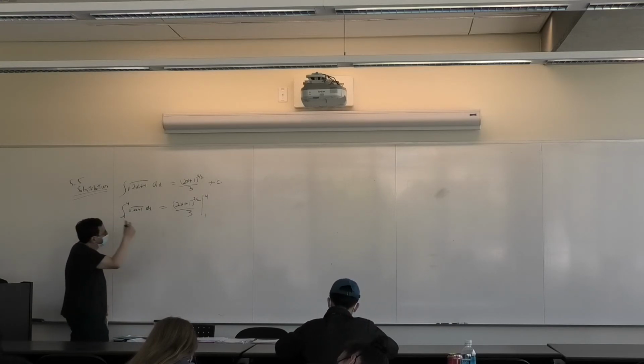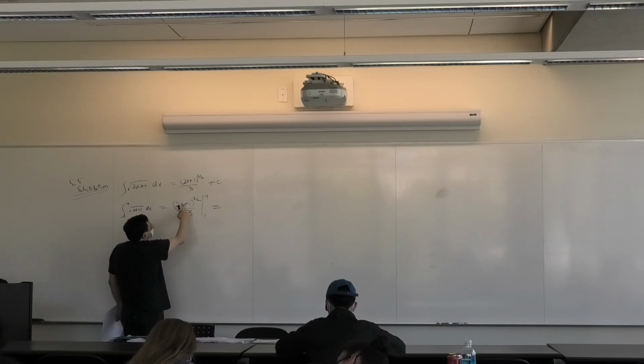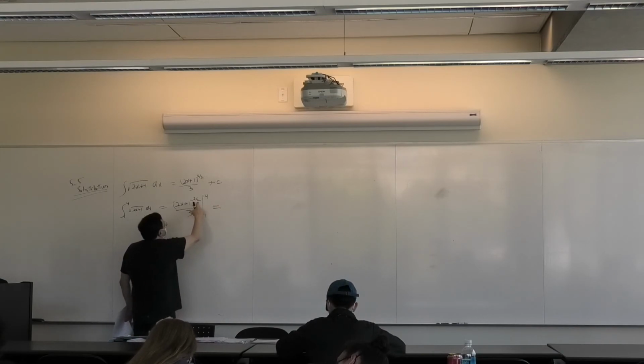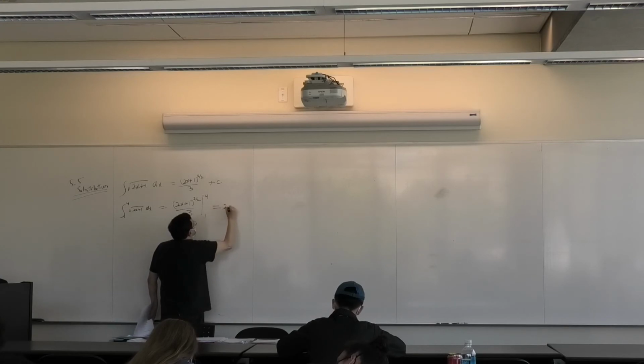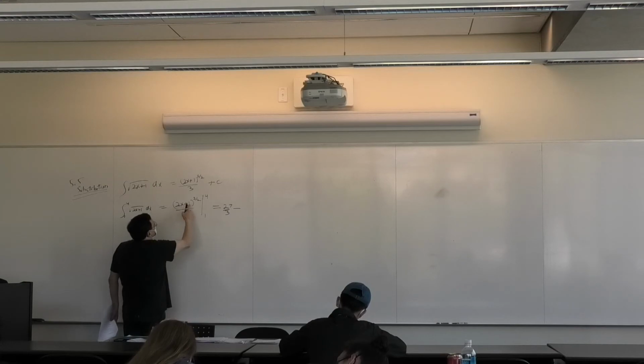All right, we might as well go through it. So 8 plus 1 is 9. Square root of 9 is 3. 3 cubed is 27 over 3. Minus, okay, 2 plus 1 is 3.